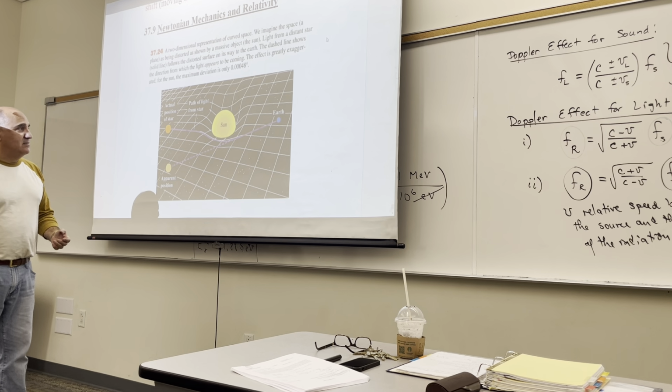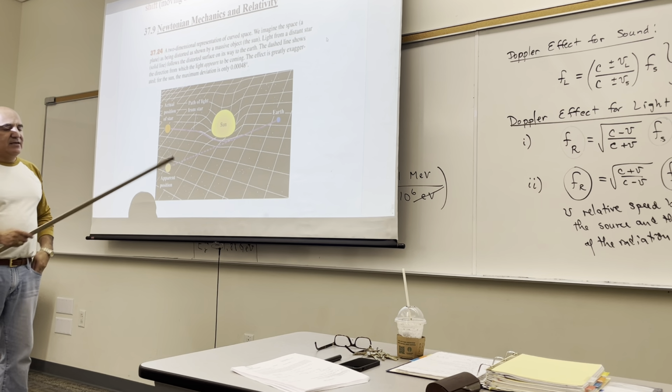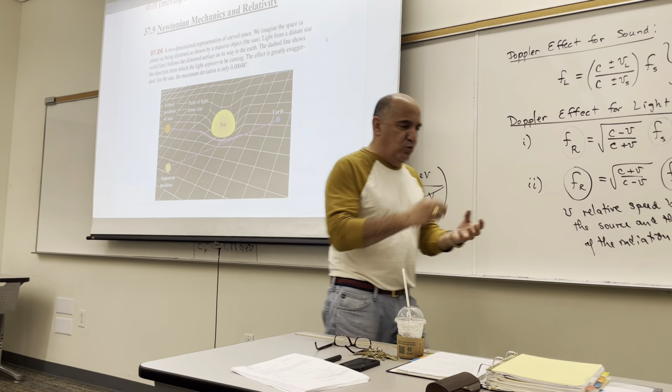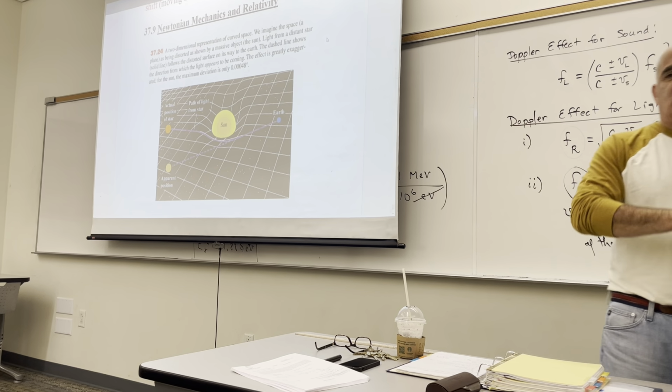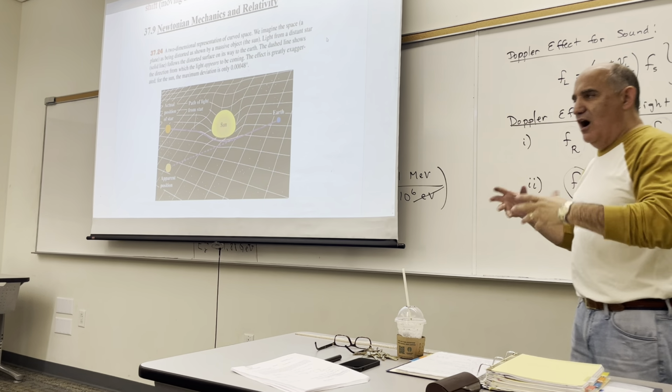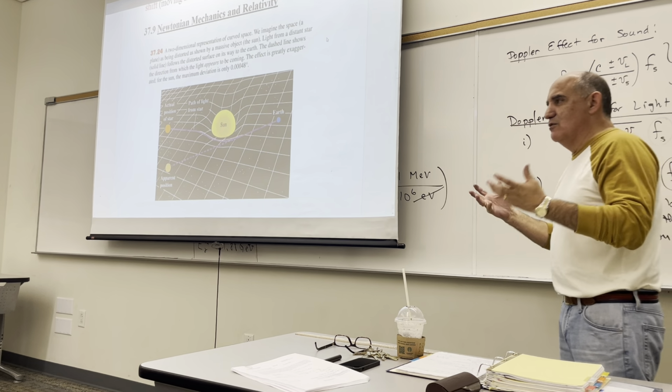Newton said that the gravitational force that one object with mass exerts on another object with mass involves a universal constant, which has the same value everywhere in the universe. That's why it's called the universal gravitational constant, capital G.